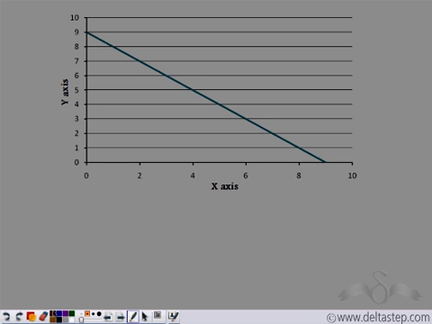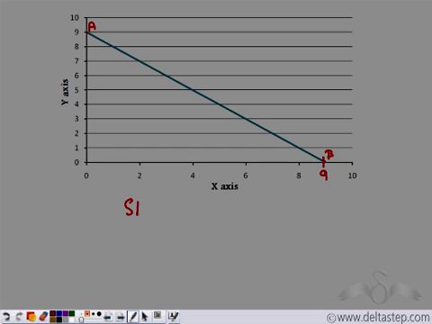So I'll take this point as my point A and this point as point B. Now we can clearly see that B lies midway between 8 and 10. So B must be 9, since B lies midway between 8 and 10.